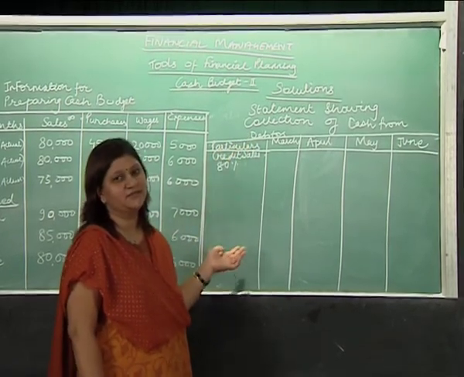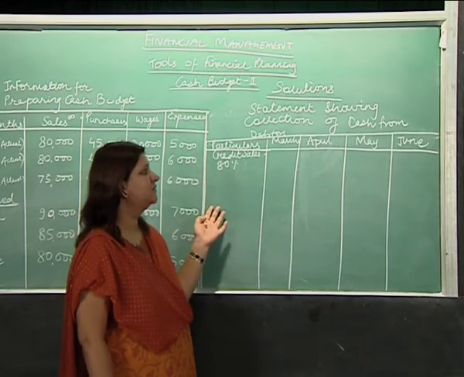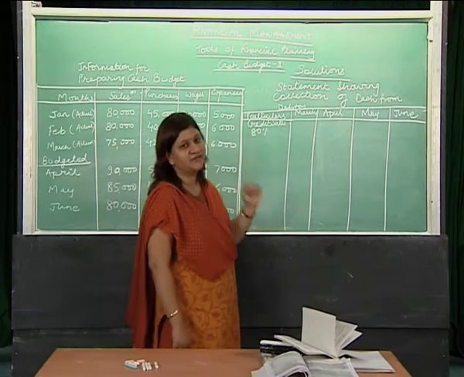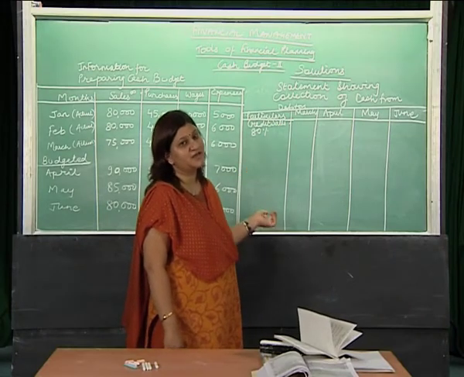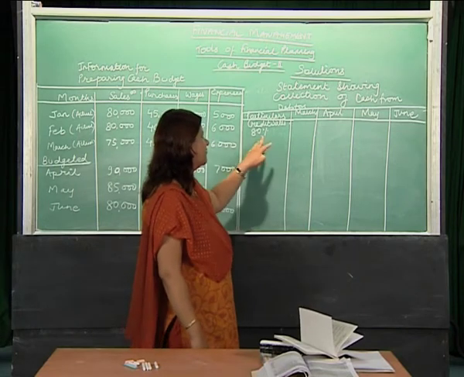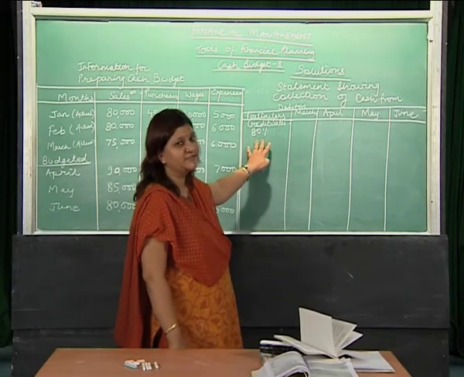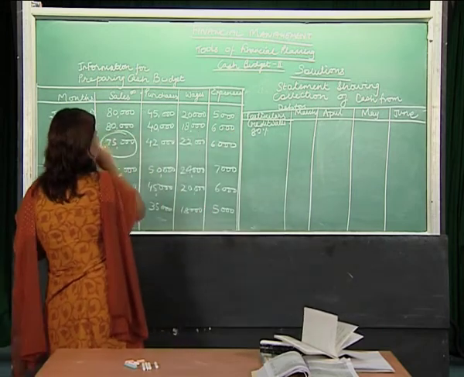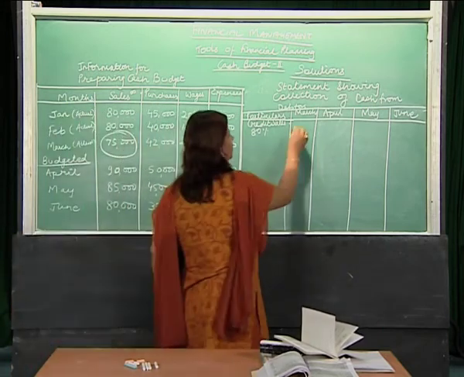So we are preparing this statement where we have to find out the sales for the April, May and June. The March figure is relevant because the collection period is half month. So first of all, let us see the credit sales. For the month of March, the credit sales is 80% of the 75,000. So it's constituted 60,000.